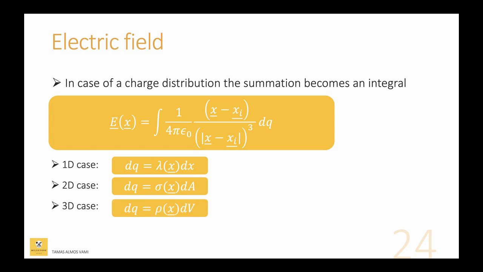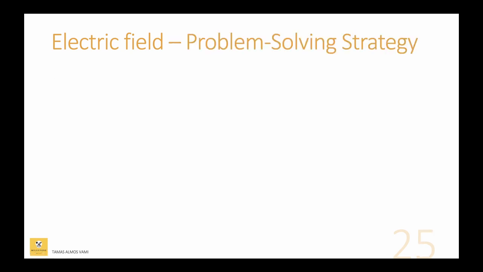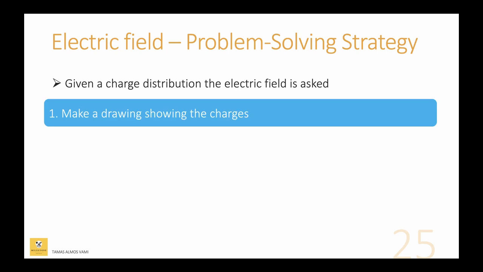And then you have 3D, it's usually called with a rho instead of lambda or sigma, and now this is a volume integral, so we do dV here instead of the dA or the dx earlier. That's a volume integral. So when you have a charge distribution and they are asking you about the electric field, then this is the problem solving strategy to follow.